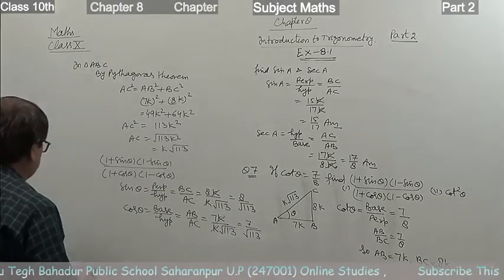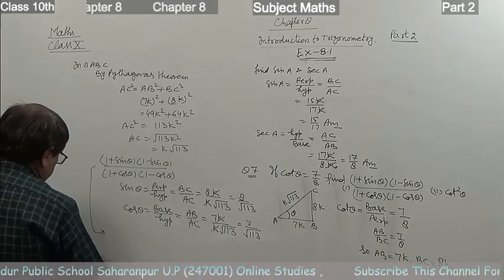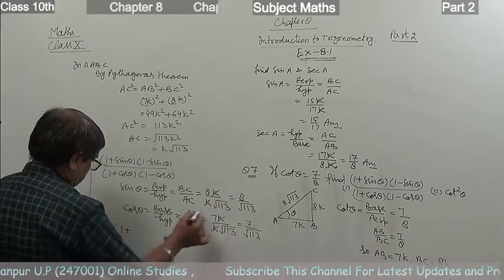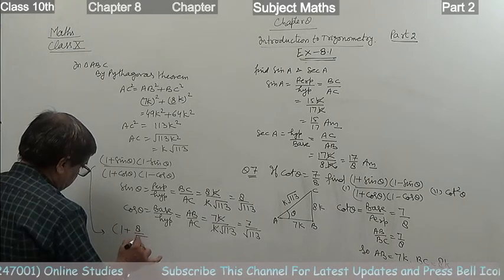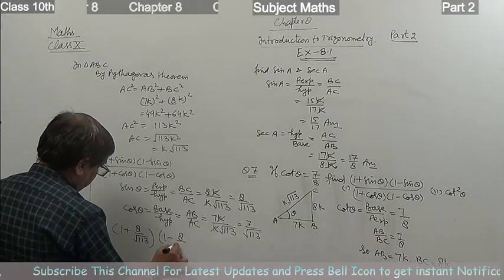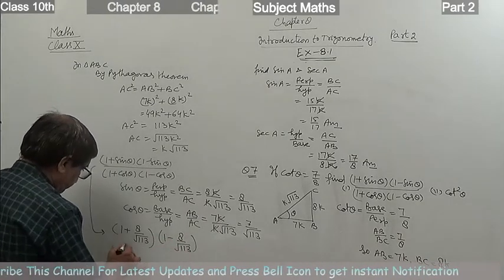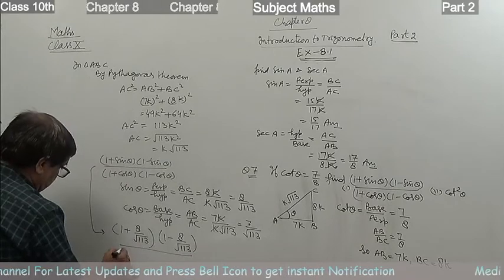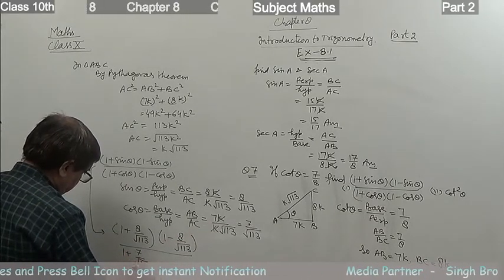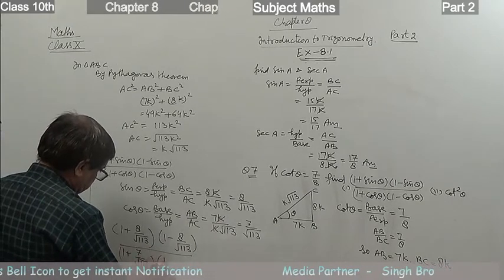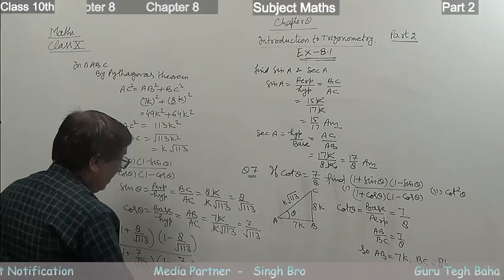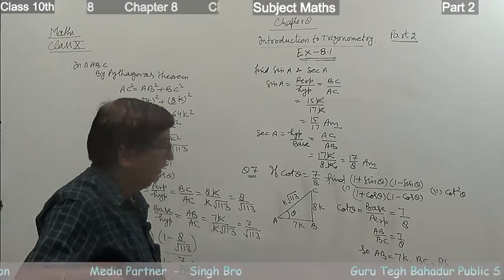Now find out this value. 1 plus sin theta is 8 upon root 113, 1 minus 8 upon root 113, upon 1 plus cos theta is 7 upon root 113, 1 minus 7 upon root 113. Now calculate it.